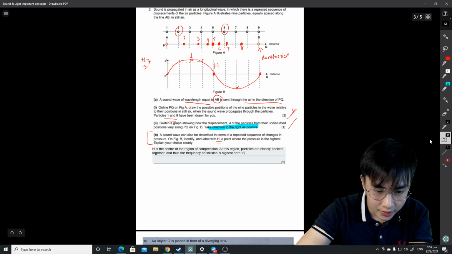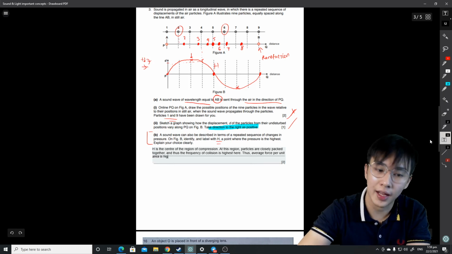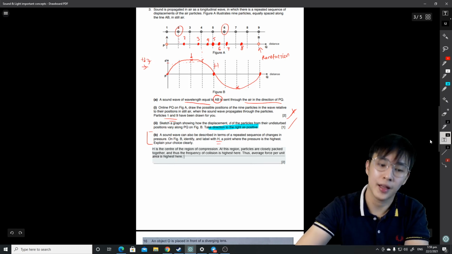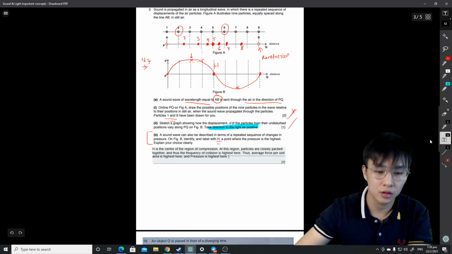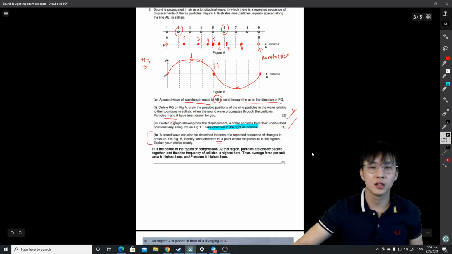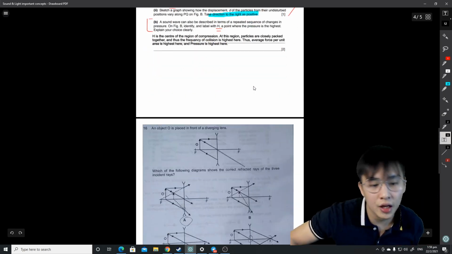Okay, thus average force per unit area is highest here, and pressure is highest here. Okay, so that's the answer. Super easy. Okay, I hope this was clear for you all. So 1, 2, and 3, done. Okay, we're done with enough of the sound questions.